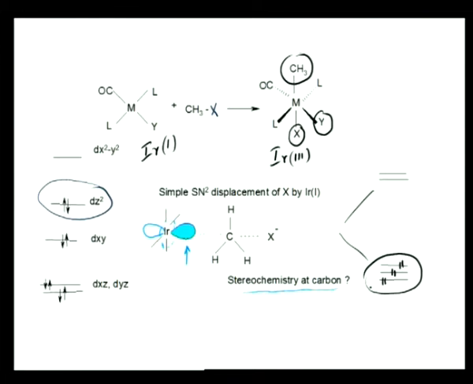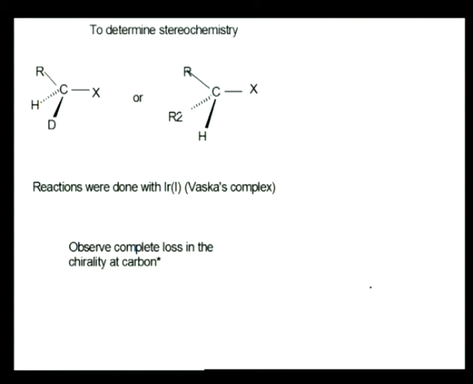So, let us move on now. To determine the stereochemistry, a series of experiments were carried out. It is possible to have a single substituent on the methyl halide which is undergoing substitution. So, if you make that R, let us assume that that is an alkyl group.